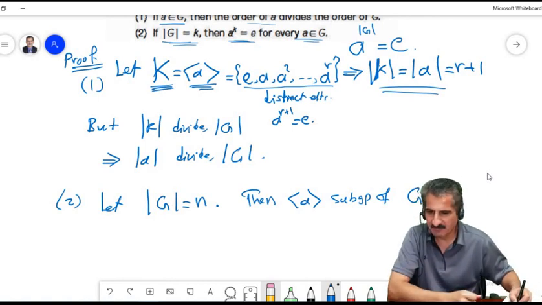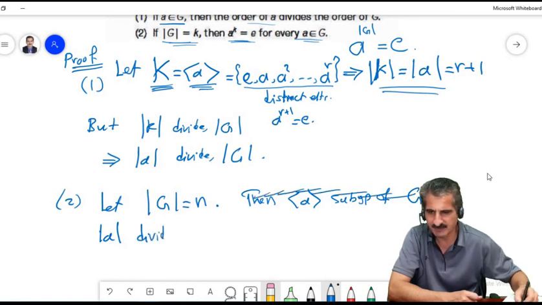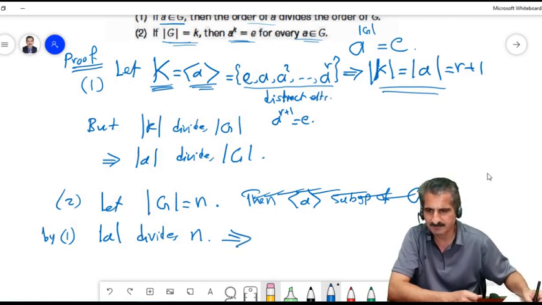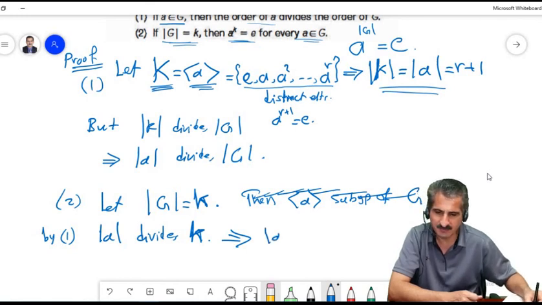By part 1, the order of A divides n. So then we use another theorem. If the order of G is K, then the order of A divides K, so K equals Q times the order of A.